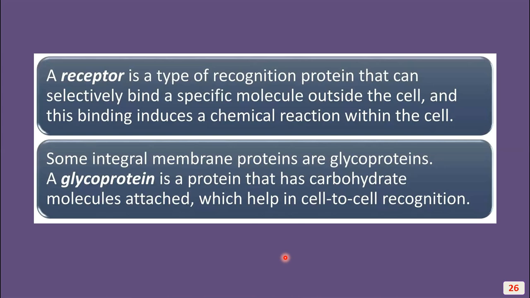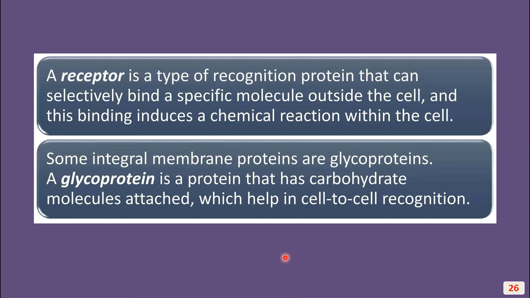Then a receptor is a type of recognition protein that can selectively bind to a very specific molecule outside the cell, and this binding induces a chemical reaction or cascade of events. And then some integral membrane proteins are also called glycoproteins.